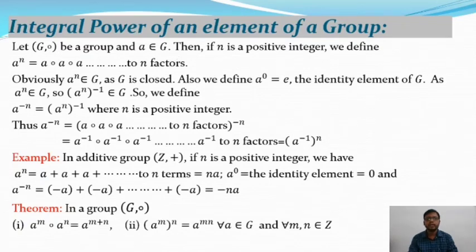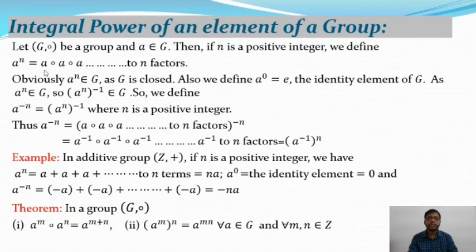Then if n is a positive integer, we define a to the power n. So a to the power n is equal to a composition a, up to n factors, where composition is a binary operation. Obviously a to the power n belongs to G. Why?